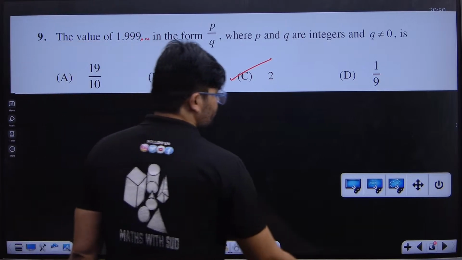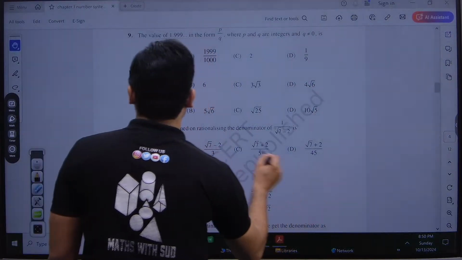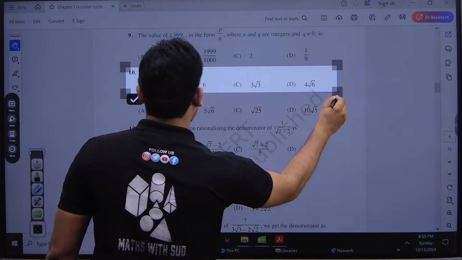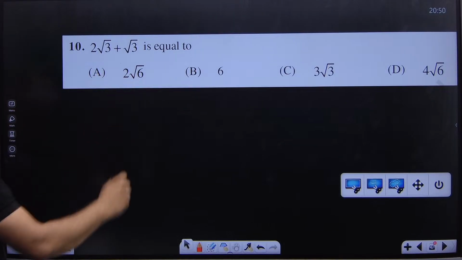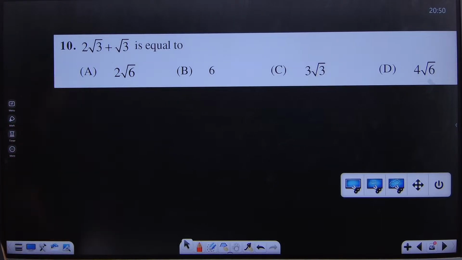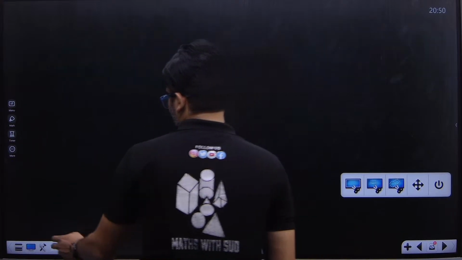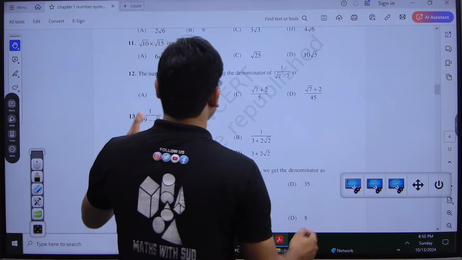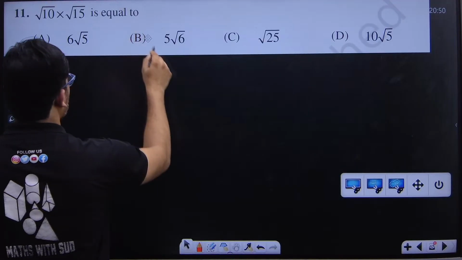Moving on to the next question. Very beautiful question framed. Tell me, which option is correct? 3 root 3. 3 root 3, C. Good one. Now this is also a very beautiful question.